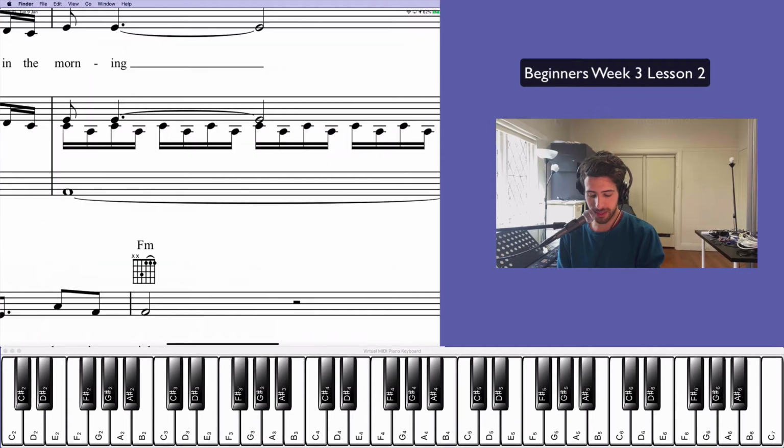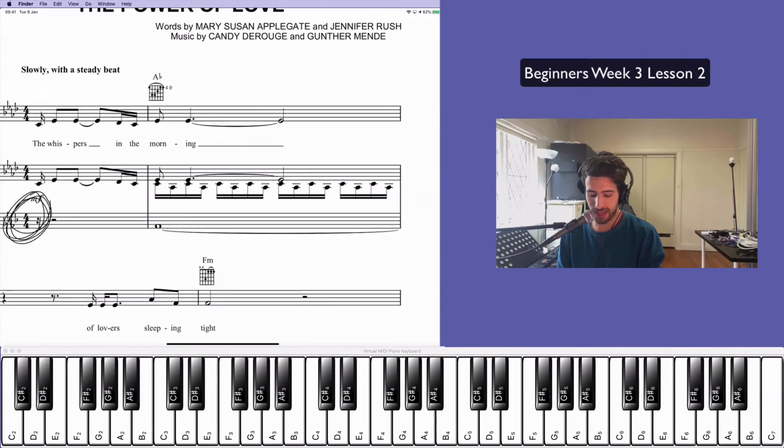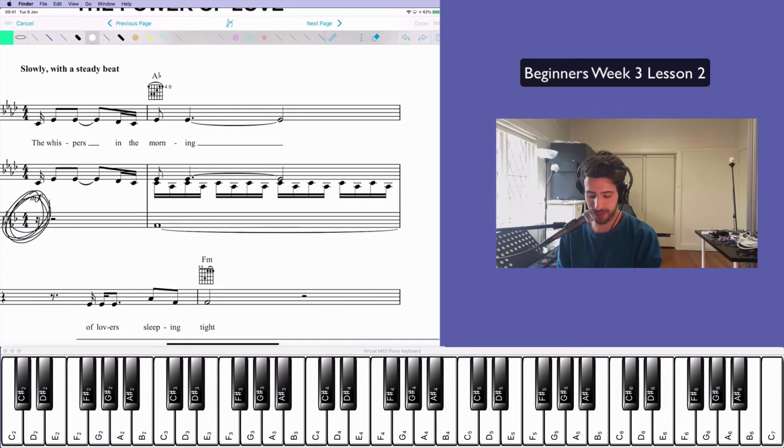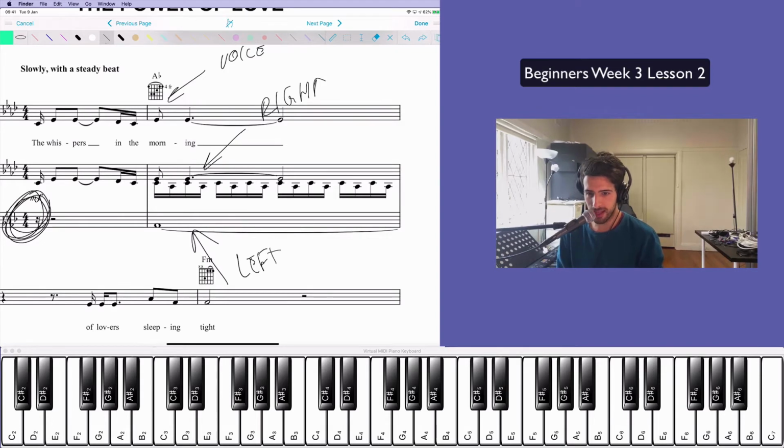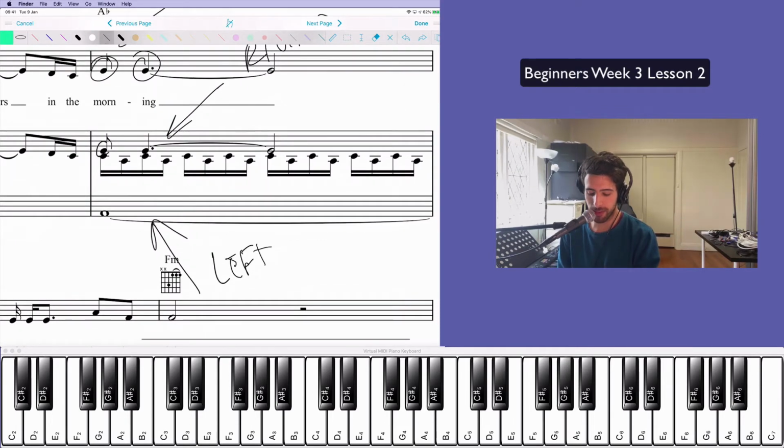So when I look at this accompaniment, firstly, I see the melody in the right hand. So we've got voice, right hand, and then left hand. Commonly, the melody is here, the word morning, but also the melody is in the accompaniment.